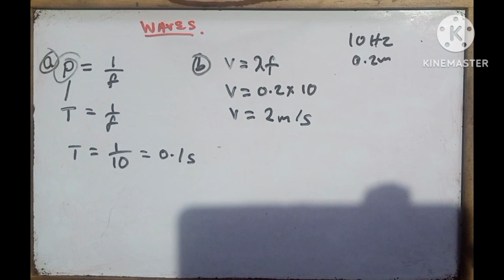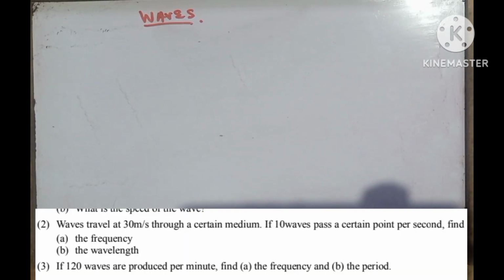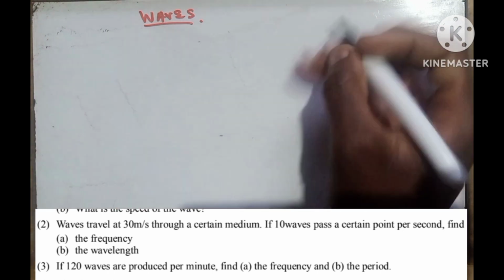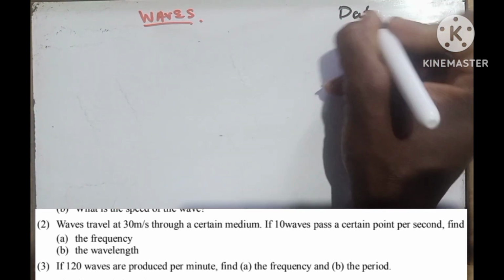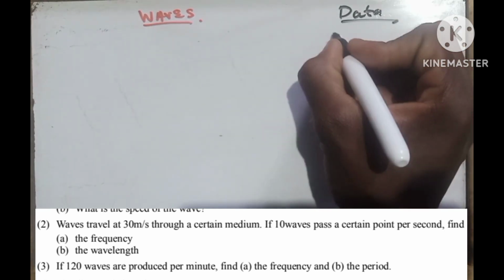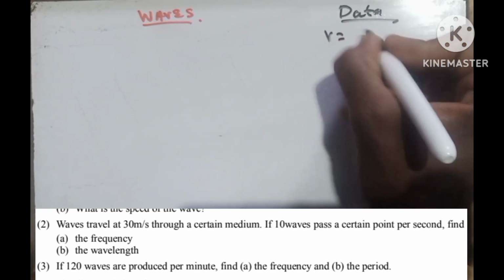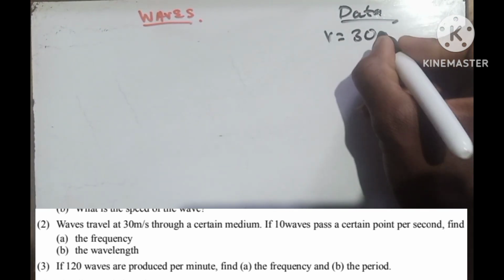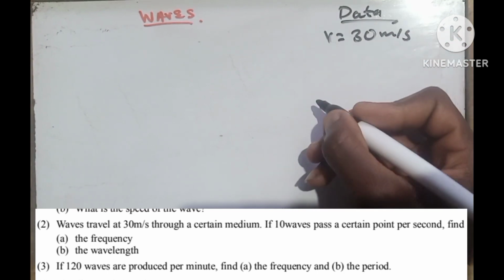Let us go to question 2. Question 2 is saying, waves travel at 30 meters per second through a certain medium. If 10 waves pass a certain point per second, find the frequency. So we have the speed, which is velocity, given as 30 meters per second.